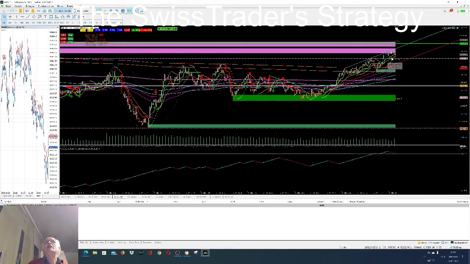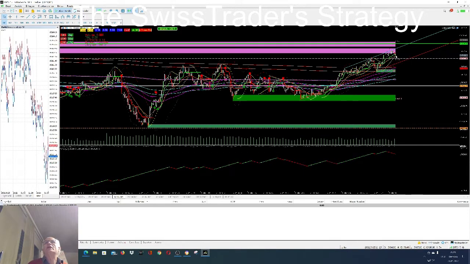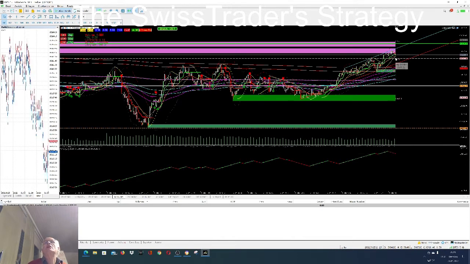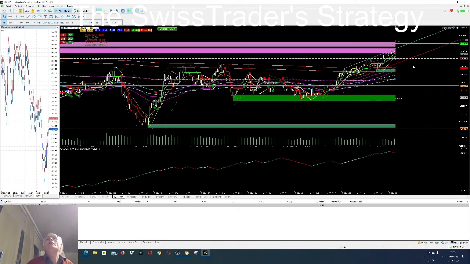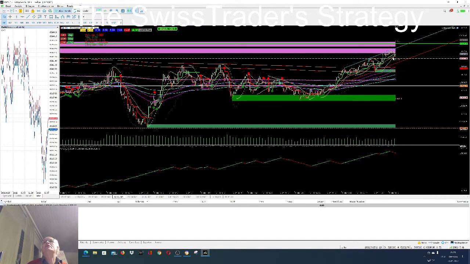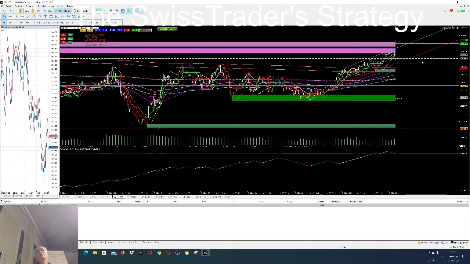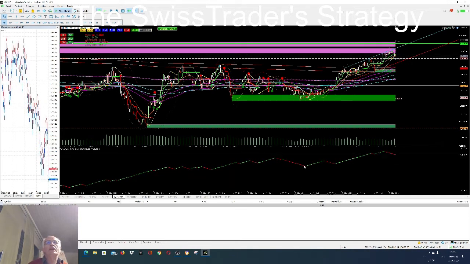For example, waiting for a short signal in the super trend, waiting for a parabolic short up here, or waiting for a crossing of the EMA 20. There are many things you also have to ask yourself before you take a short here.